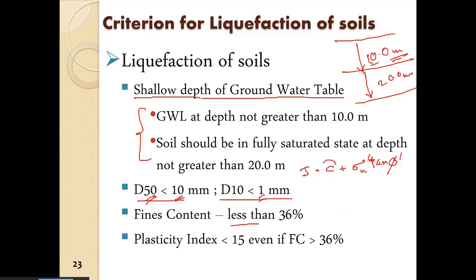So if there is some amount of cohesion in the soil, even if the effective stress becomes 0, ultimately the shear strength in the soil remains. This is basically what happens in cohesive soil. Of course, there may be quick clay condition or partial loss of shear strength.